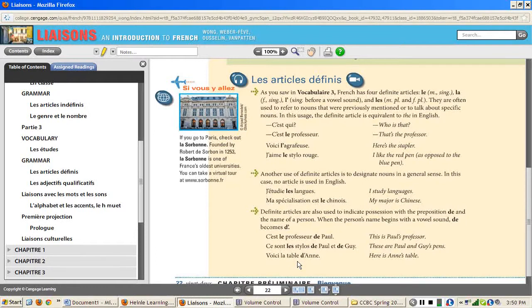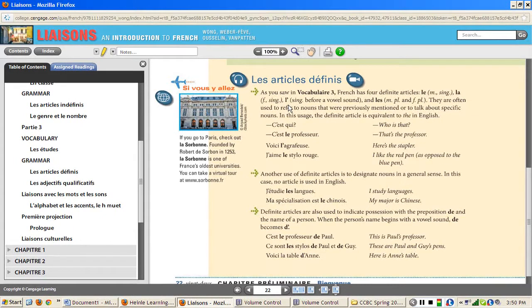La table. There's the l' every time we have a word beginning with a vowel. This is so that the French can glide. Instead of saying voici la agrafeuse, that would create too much of a clash. So it's voici l'agrafeuse.